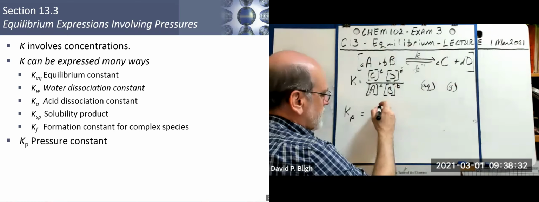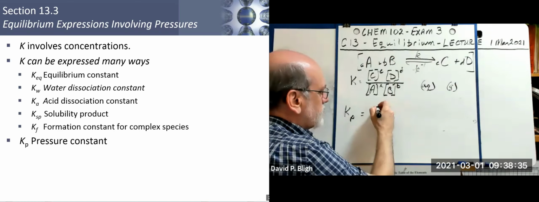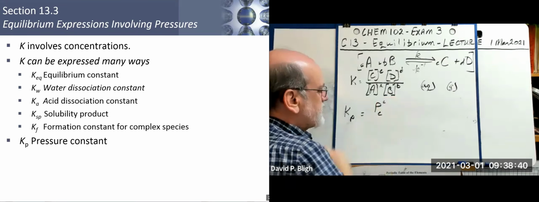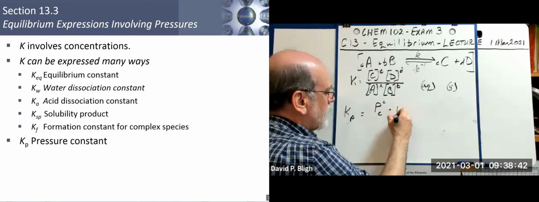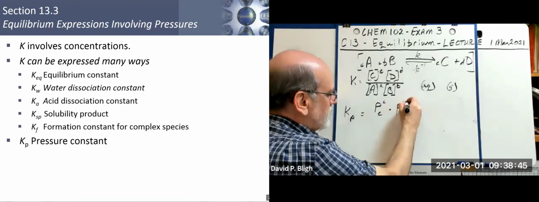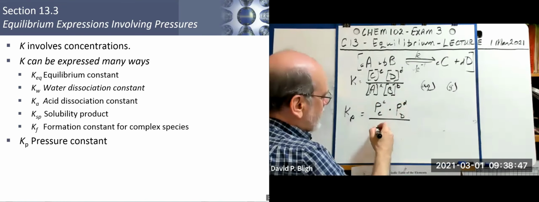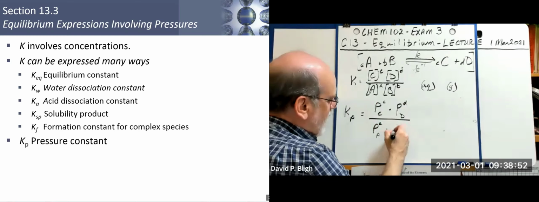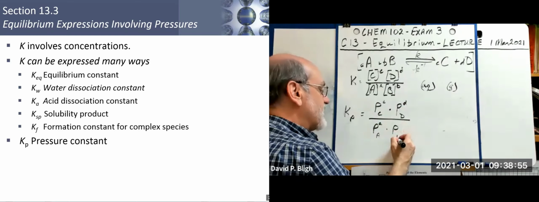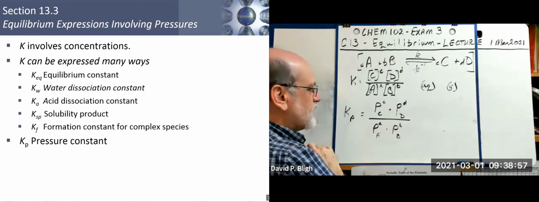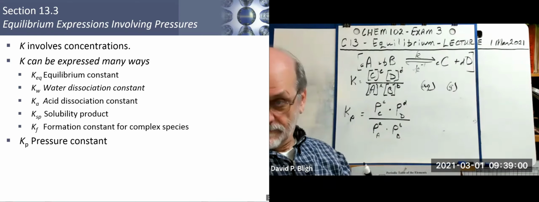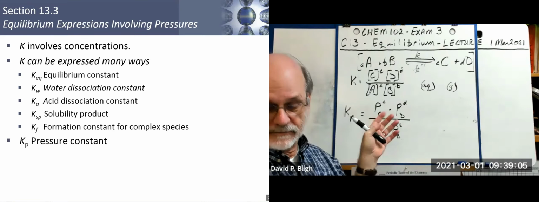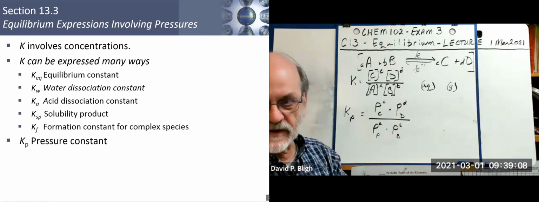Then you would write this. You would say partial pressure of C to the C power times partial pressure of D to the D power divided by the partial pressure of A to the A power times the partial pressure of B to the little b power. Okay, so you could express those, and typically we write those as atmospheres, at least for this class. We'll keep it simple.